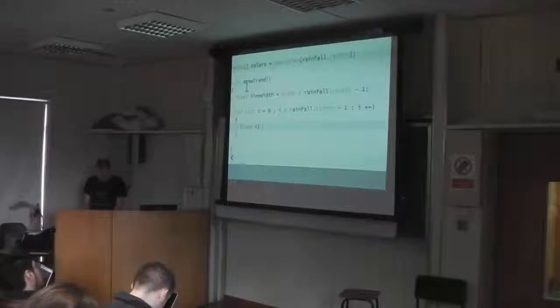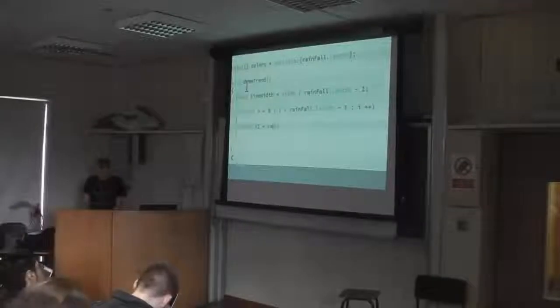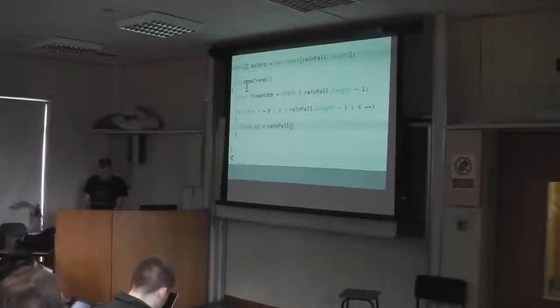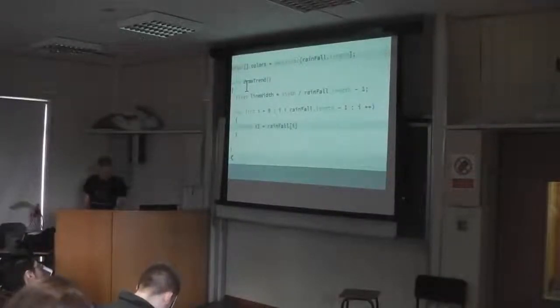Float x1 is going to be equal to i multiplied by rainfall line width.